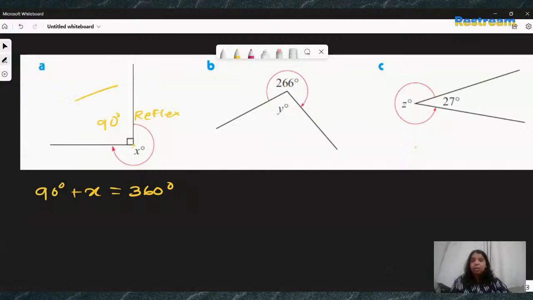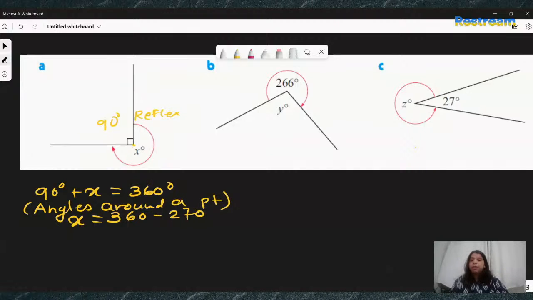This is one angle and this is the other angle. So there are angles around the same point. So here x is equal to 360 minus 270. You can write the reason as angles around a point.